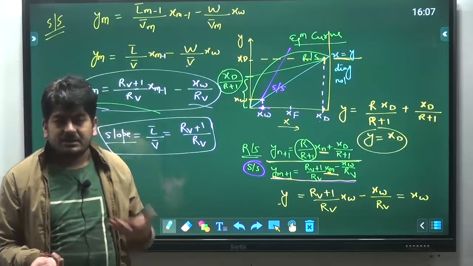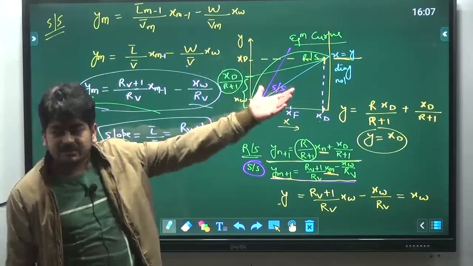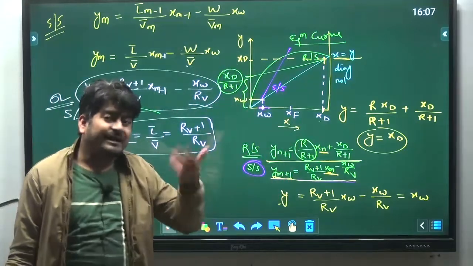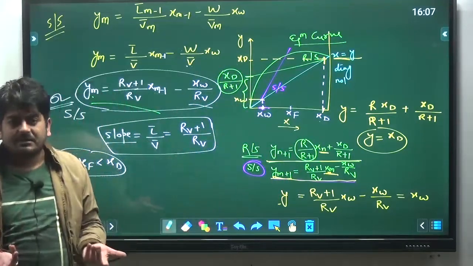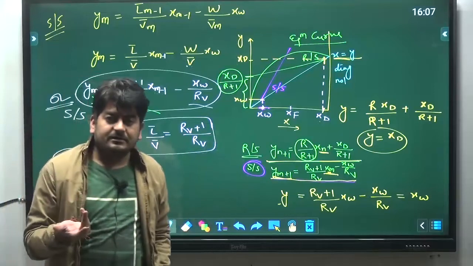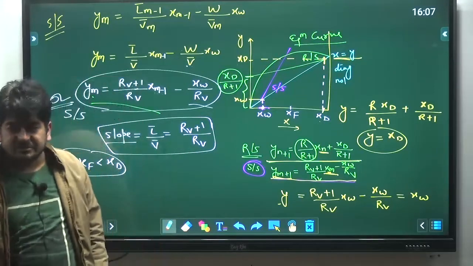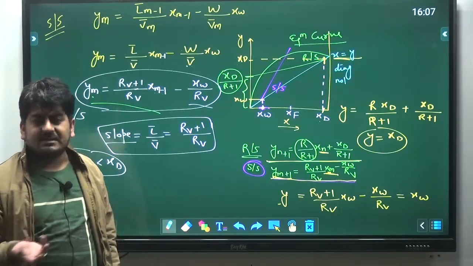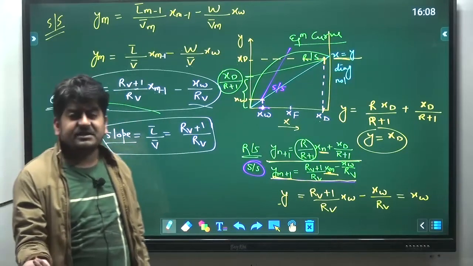We know the distillate should be 90% pure or 95% pure or 98% pure. That is the desired. When we know the desired values, based on that we can do the designing. It is not possible to design a column without knowing xd and xw.